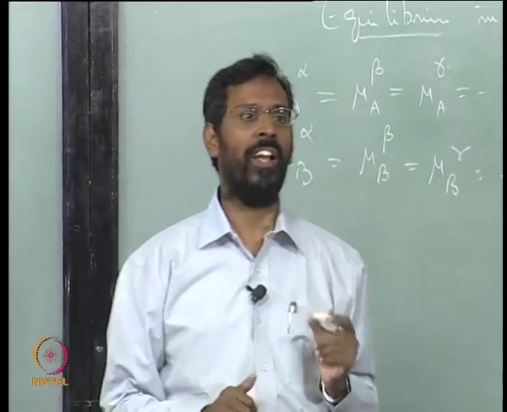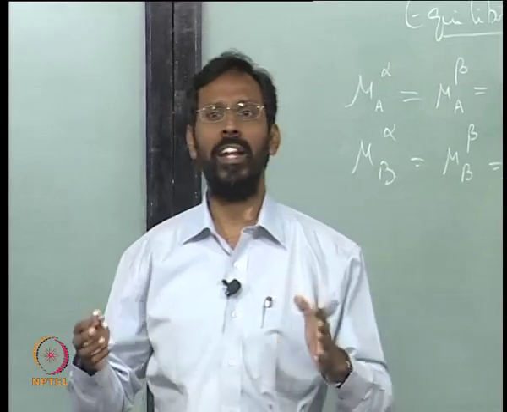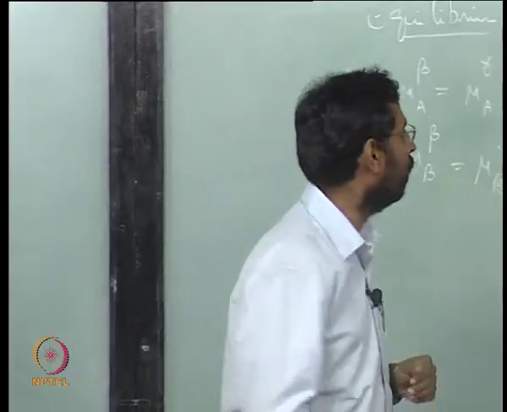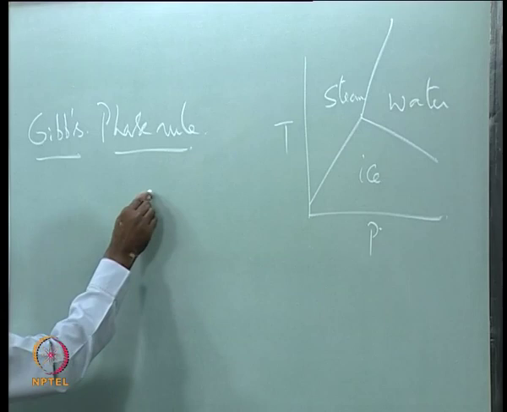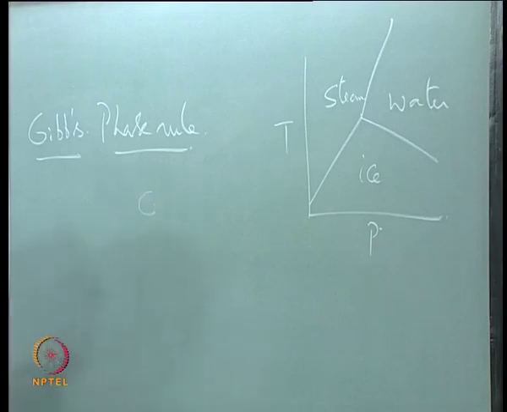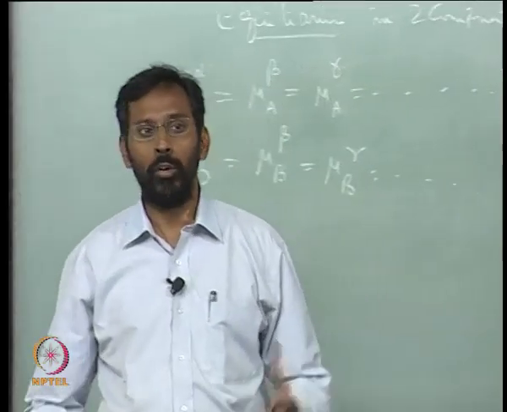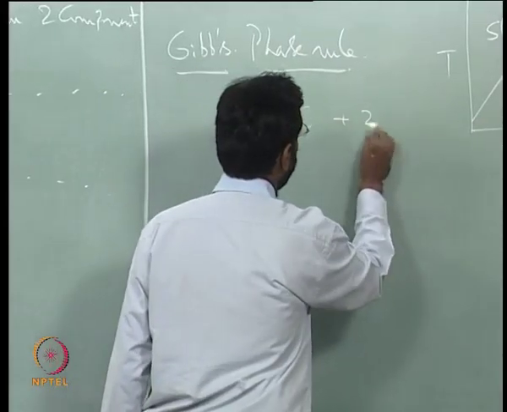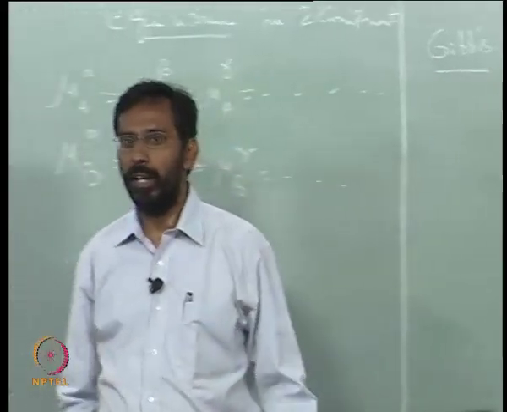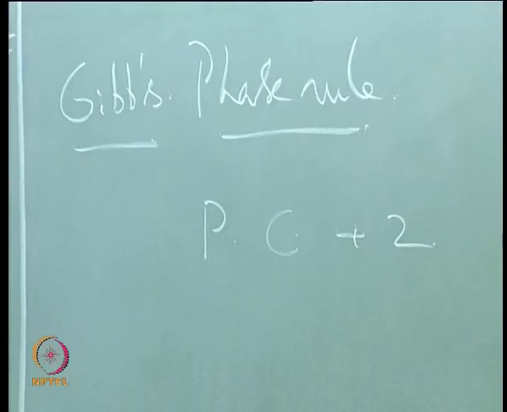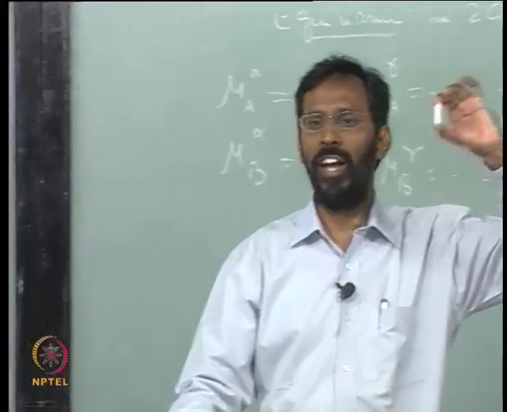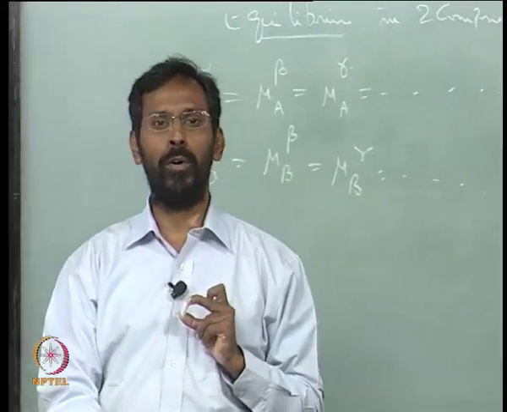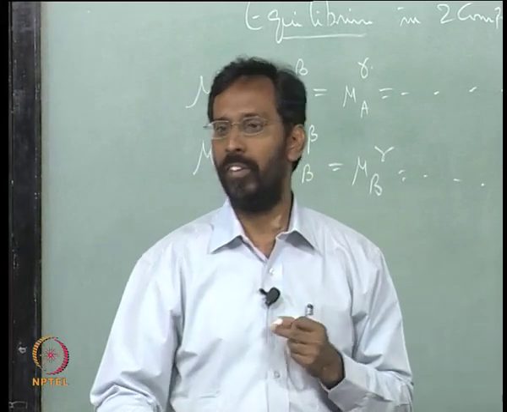So for each phase I can define a certain number of components, let us call the components C and the phases P. The total number of variables is always P into C plus 2. But one thing you have to remember is, whenever I am talking about a phase, I need not talk about all the components present in the phase.